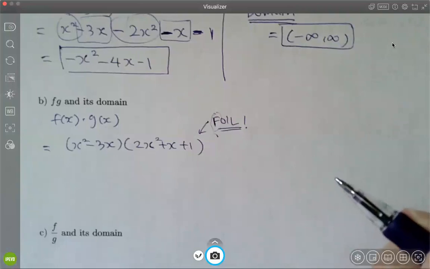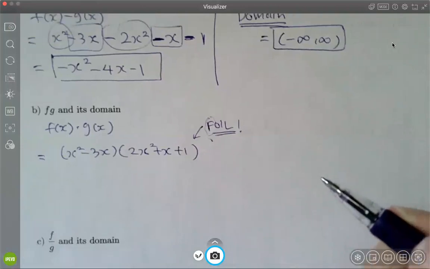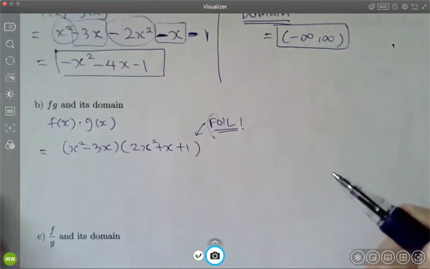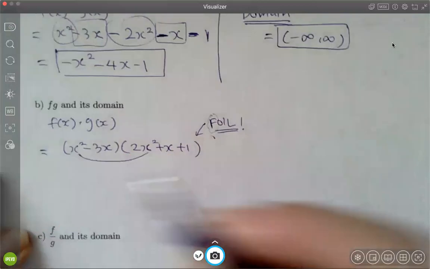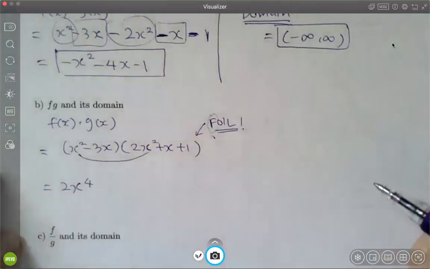X squared times 2x squared. And what do you get? What is x squared times 2x squared? 2x to the 4th power, right? Yeah, okay. So it's 2x to the 4th power. And now where do you go? Next.